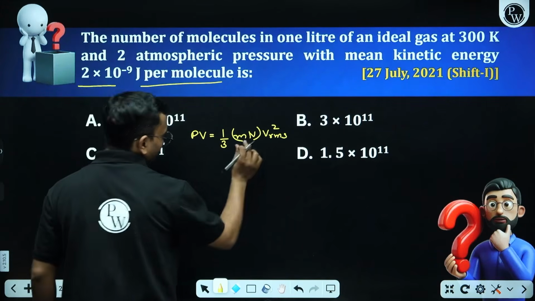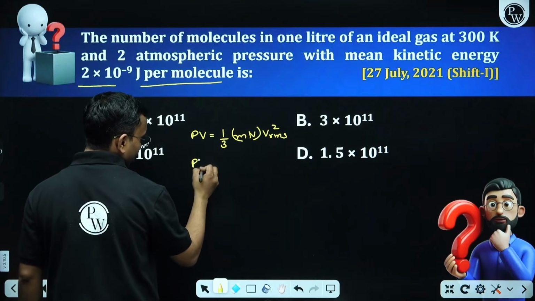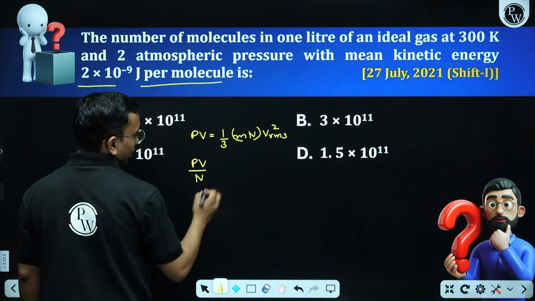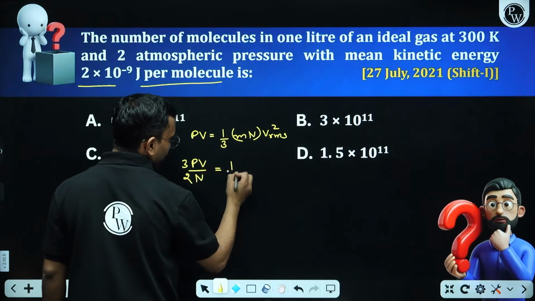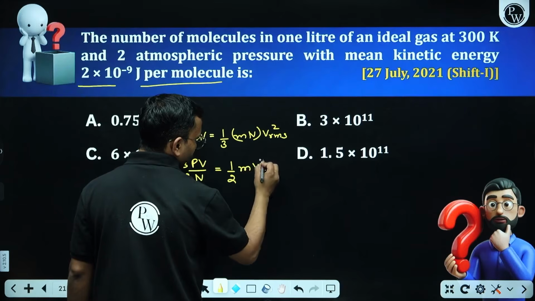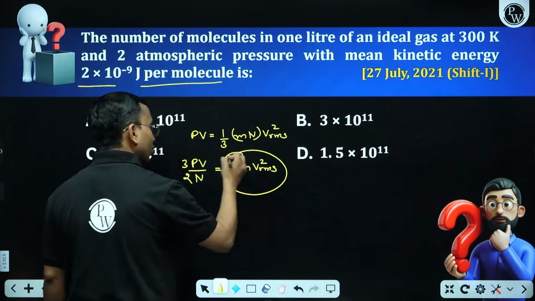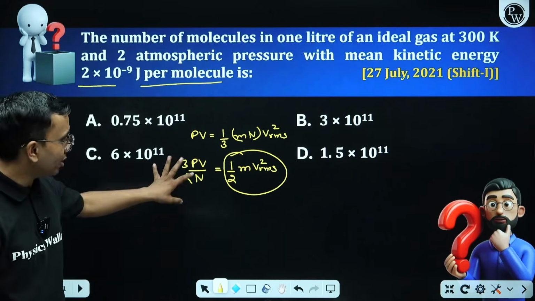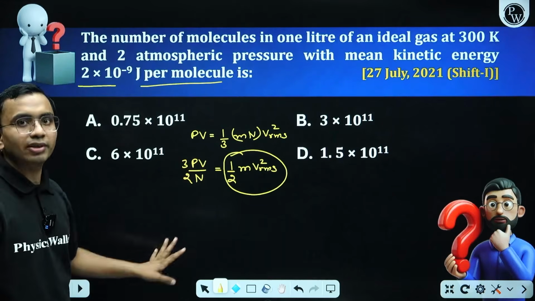If I write for one molecule, I'll take the number of molecules here, PV divided by the number of molecules, take 3 here, divide this with 2, so this is 1 by 2 m into VRMS square. So this is the kinetic energy now of one molecule. Directly also I would have said the total kinetic energy is 3 by 2 PV. For one molecule it will be 3 by 2 PV divided by the number of molecules.